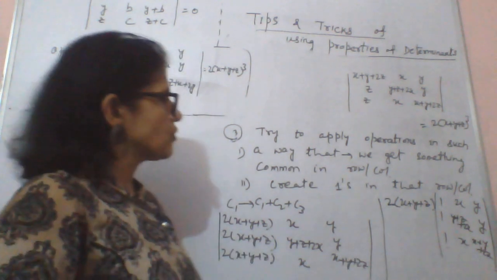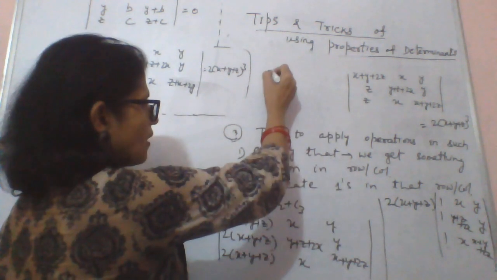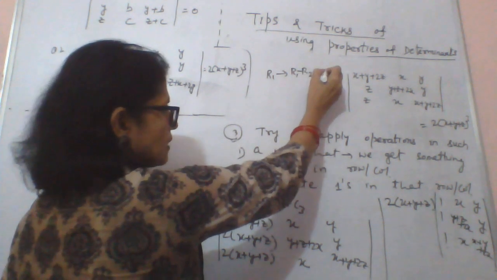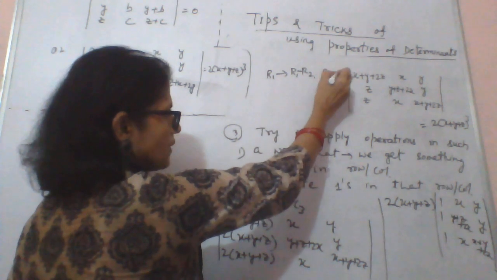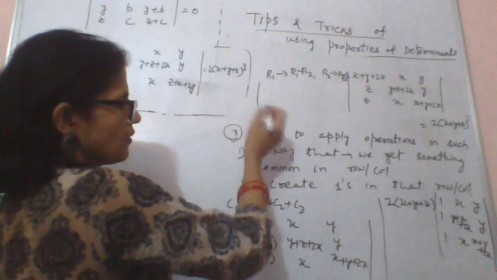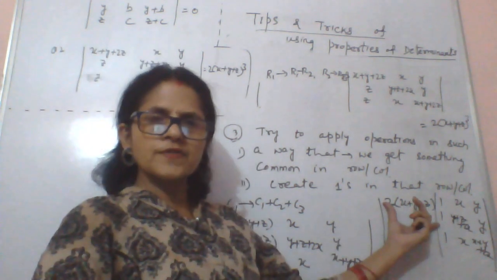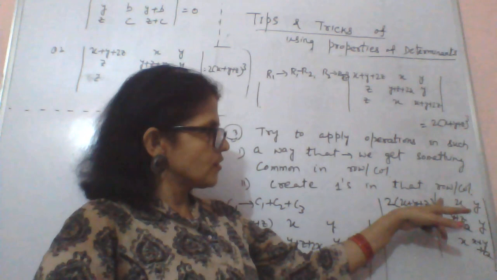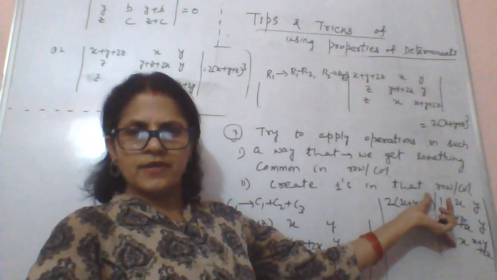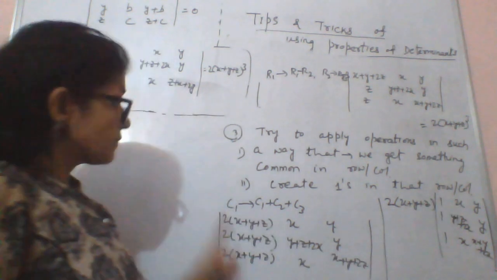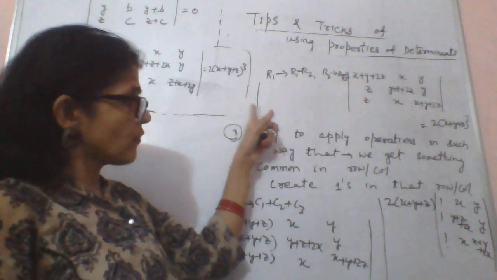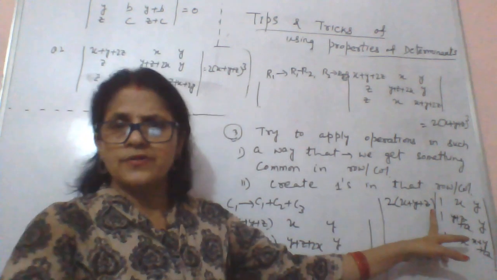So here you can take R1 replaced by R1 minus R2 and R2 replaced by R2 minus R3, suppose. Then you already have twice of x plus y plus z, and you can get two zeros in the first column. Okay, and the fourth trick is getting two zeros, right?